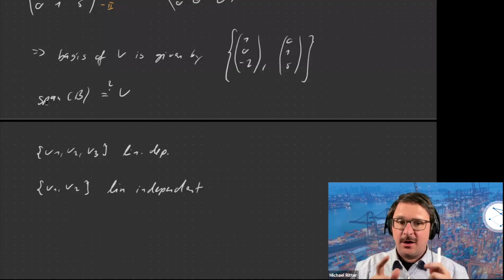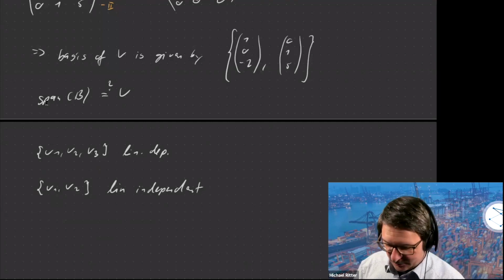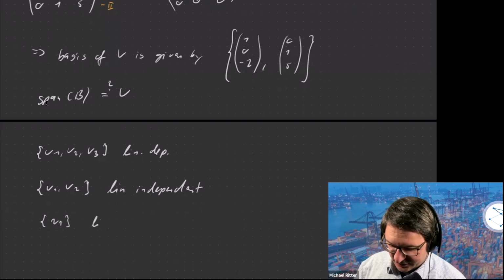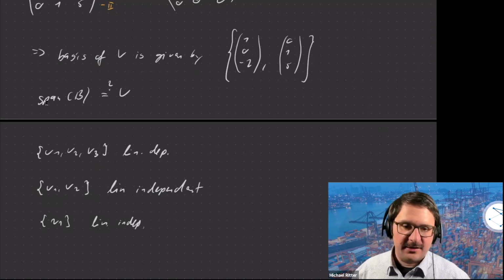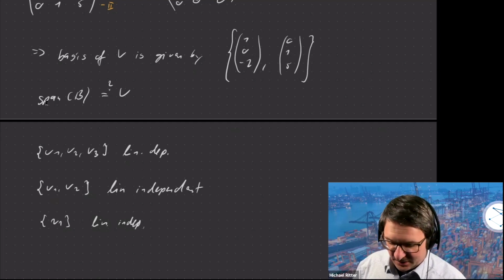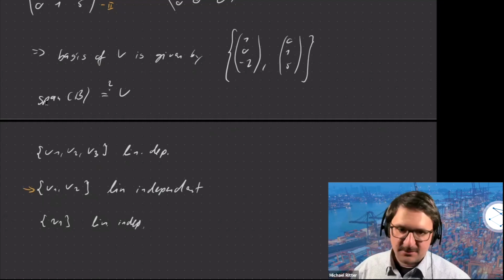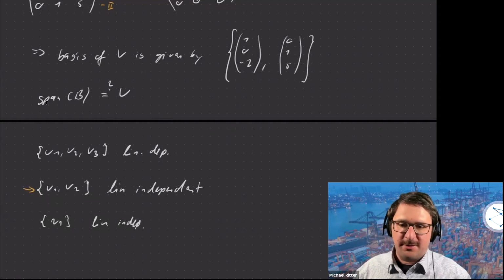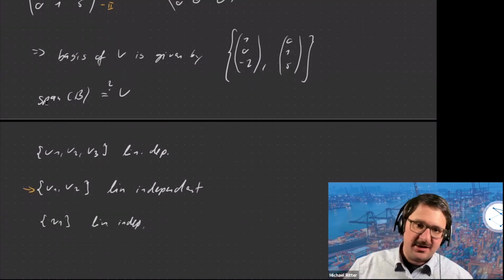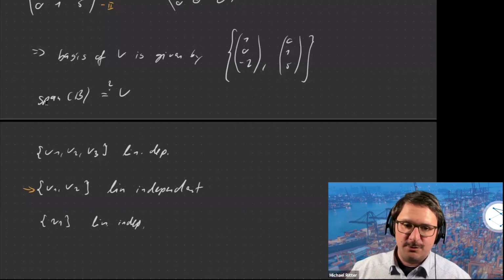Linear independence alone is not sufficient, because if you just take V1, for example, that set is also linearly independent, but the span is not V, so it doesn't span V. That means this is, of course, not a basis for V. It's not sufficient. But this here is. It has both properties. It spans V and it's linearly independent. So our basis always needs to do both.